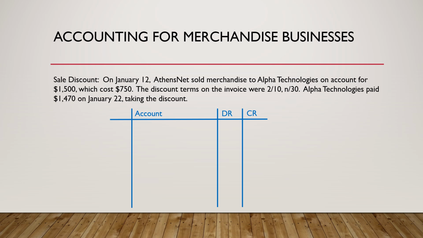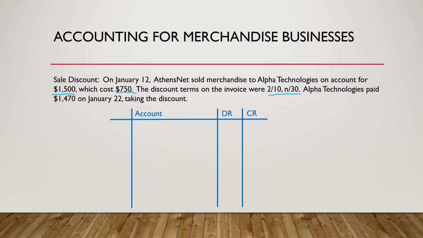Sale discount. On January 12th, AthensNet sold merchandise to Alpha Technologies on account for $1,500, which cost $750. The discount terms on the invoice were 2/10, net 30.